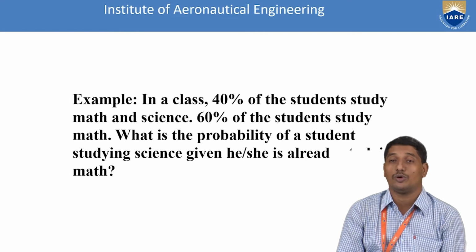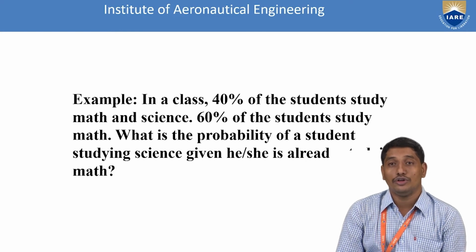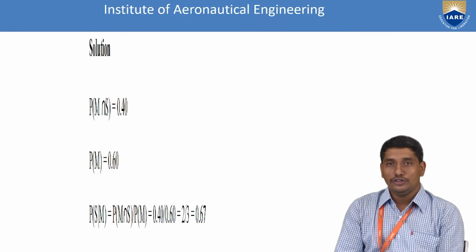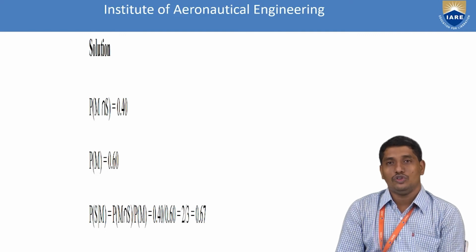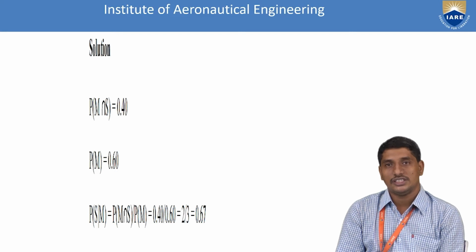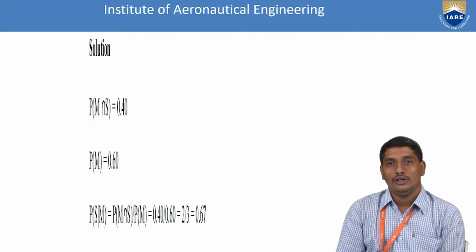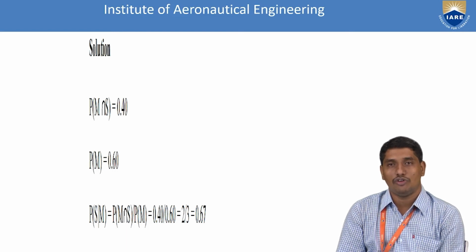So this is a conditional probability. Let us see how we are going to handle this problem. According to the data, if we denote the event of mathematics with M and the event of science with S, then the percentage of students who are good in both mathematics and science is 40%. So P of M intersection S is 0.40.